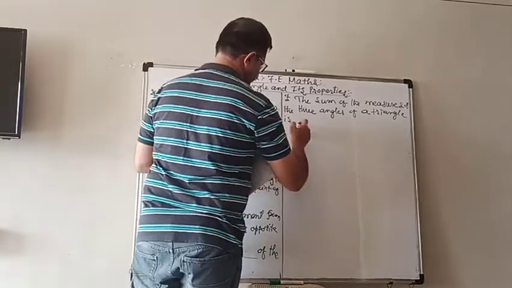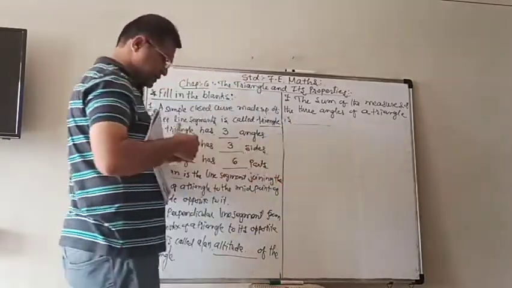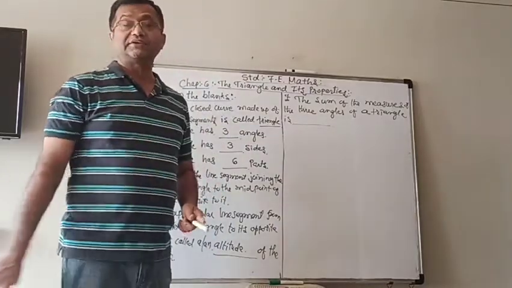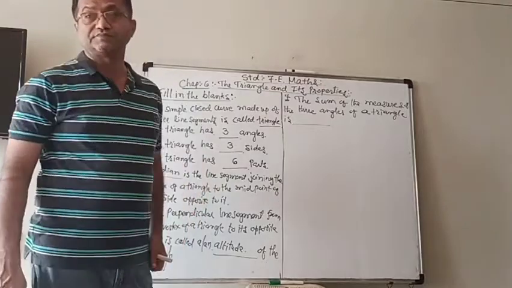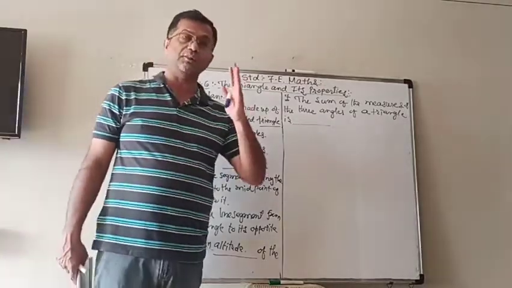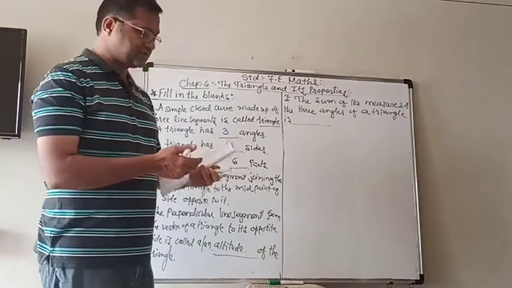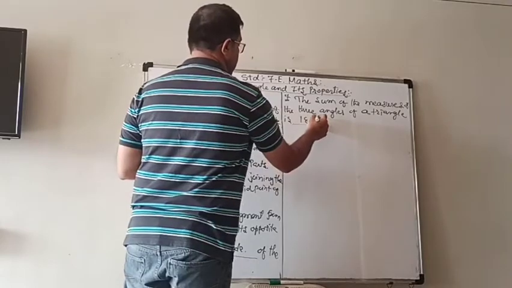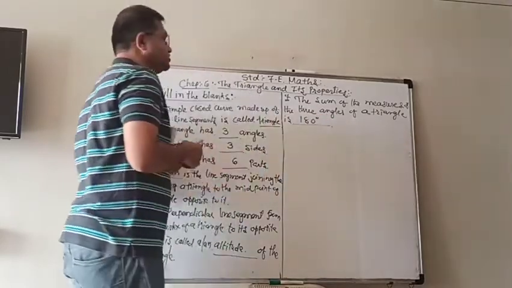So we know the angle sum property of a triangle, that in a triangle the sum of the measure of all the three angles becomes 180 degrees. So the answer is 180 degrees.